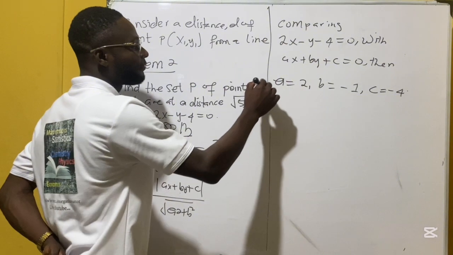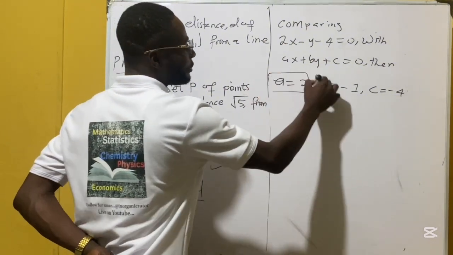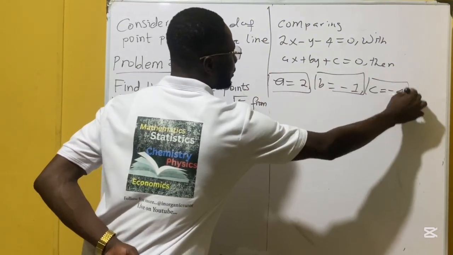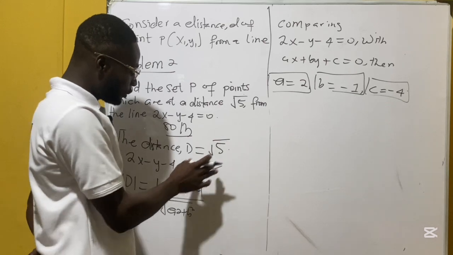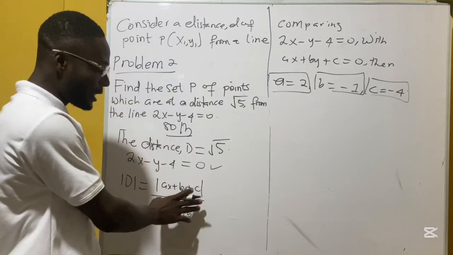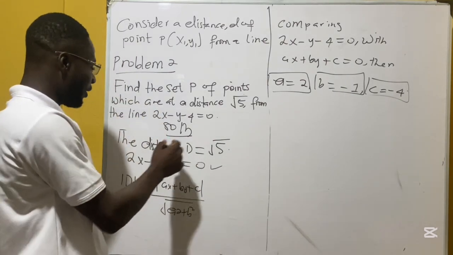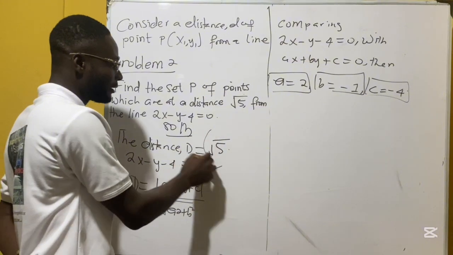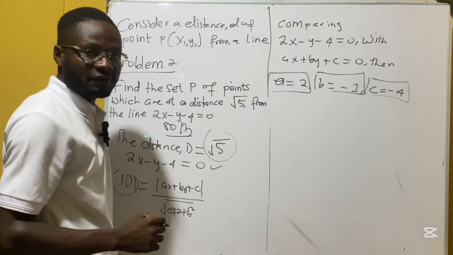So we have all this information. What we need to do is substitute into this formula, where our distance is given as square root of 5.